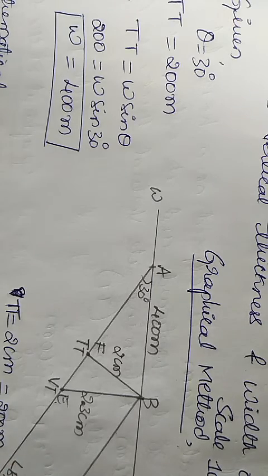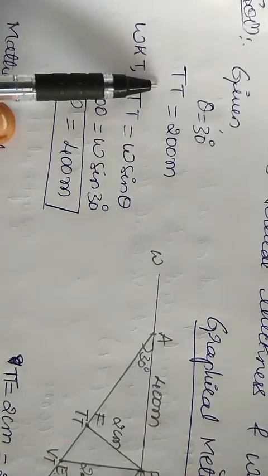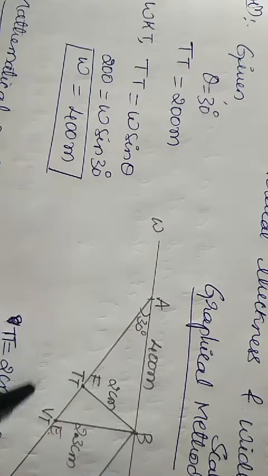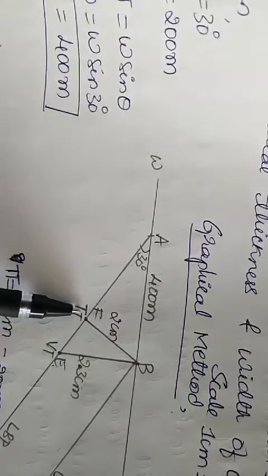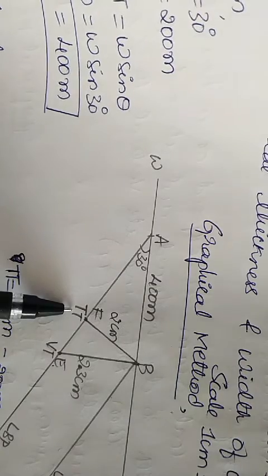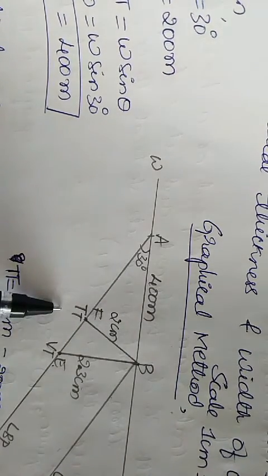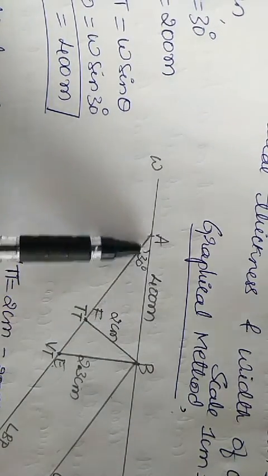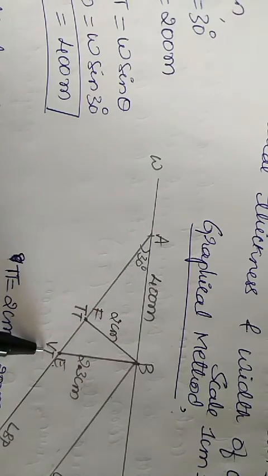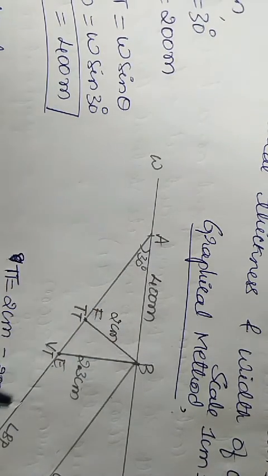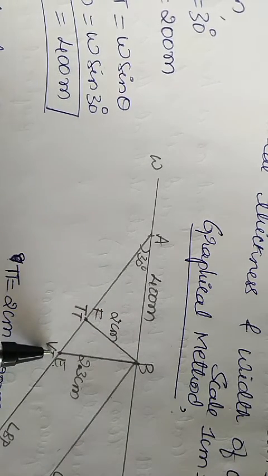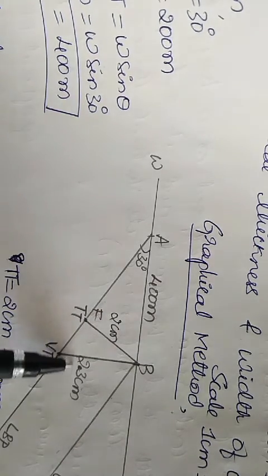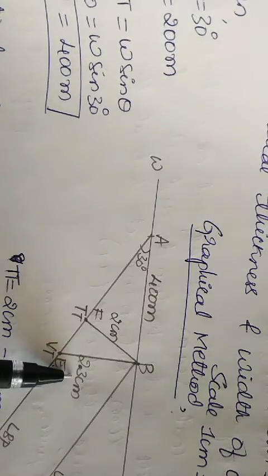Then, for the true thickness, draw the perpendicular from the upper bedding plane towards the lower bedding plane and measure it. It will be 2 centimeters. In the same way, draw the perpendicular to the lower bedding plane from point B to get the vertical thickness, which measures around 2.3 centimeters.